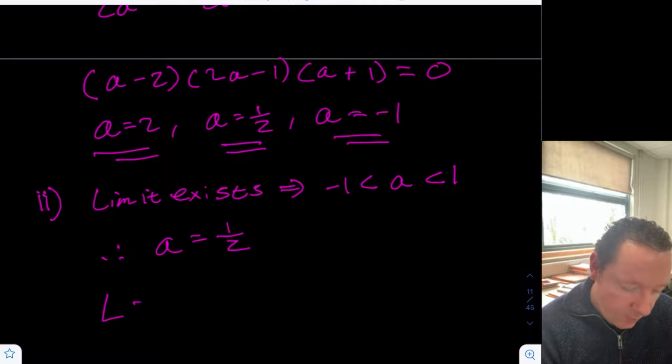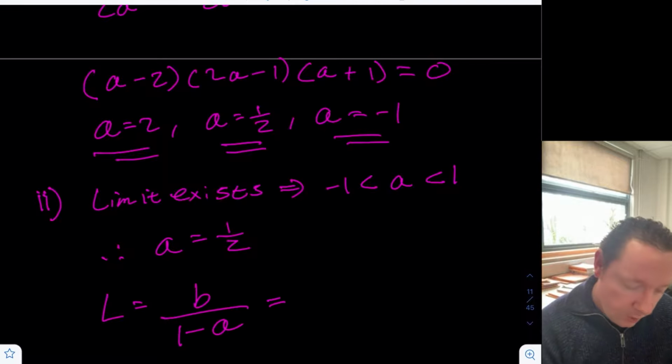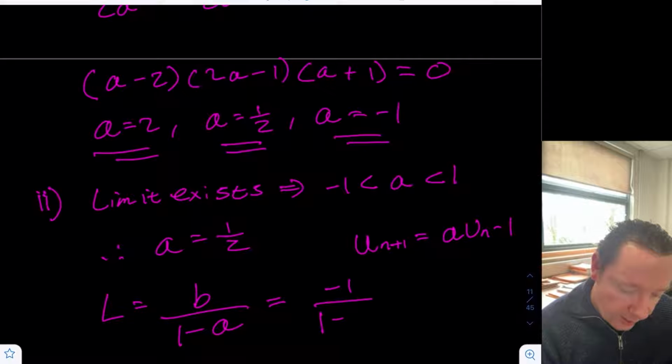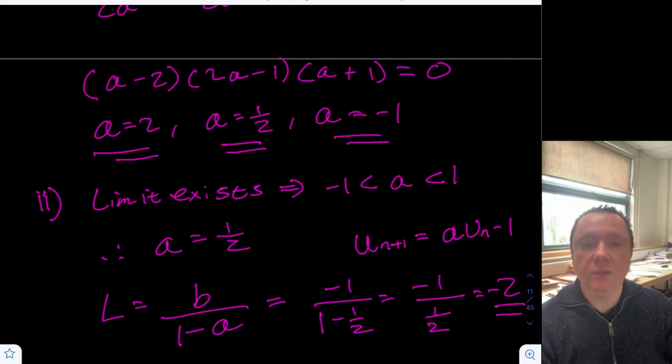The limit is given by b over 1 minus a. So remember, un plus 1 was equal to aun minus 1. We now know that b is our last number, so it's minus 1 over 1 minus a half. That's minus 1 over a half, which is minus 2. So the limit of the sequence is minus 2.